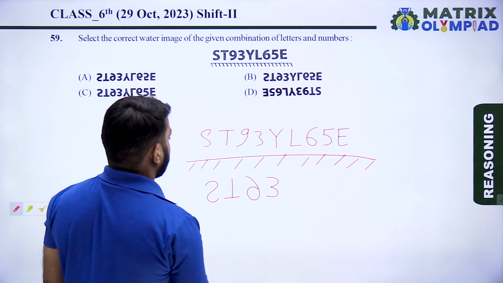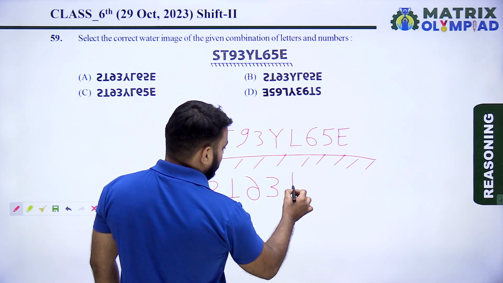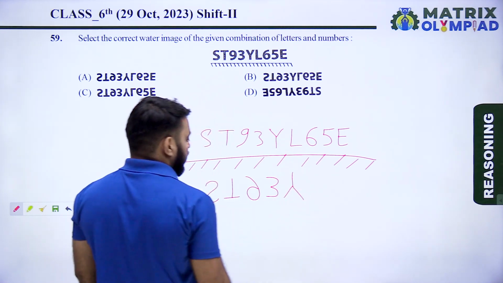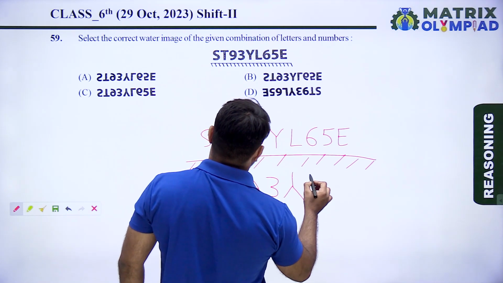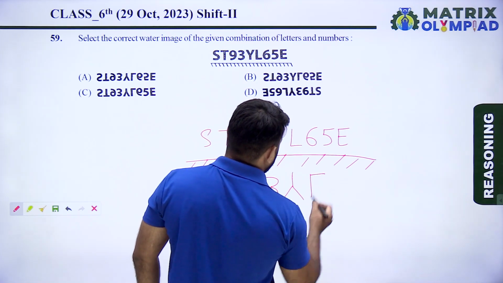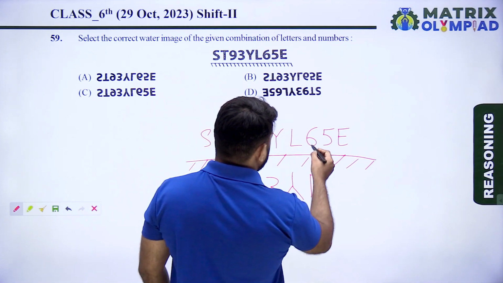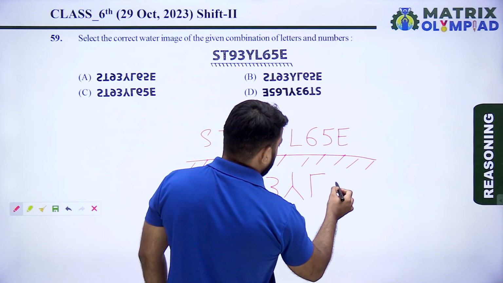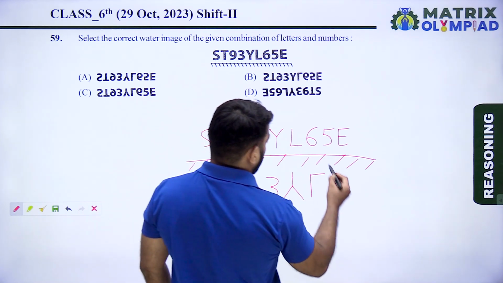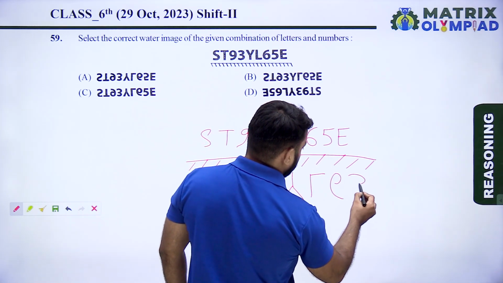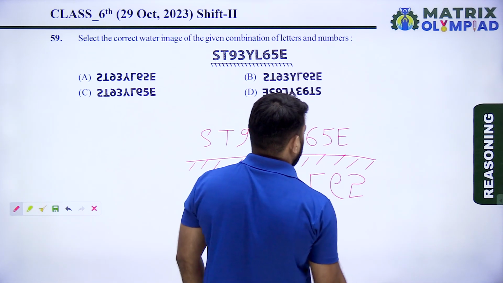Now find the water image of Y. So the water image of Y looks like this. Now find the water image of L. So the water image of L looks like this. Now find the water image of 6. So the water image of 6 looks like as follows. Now find the water image of 5. So the water image of 5 looks like as follows.